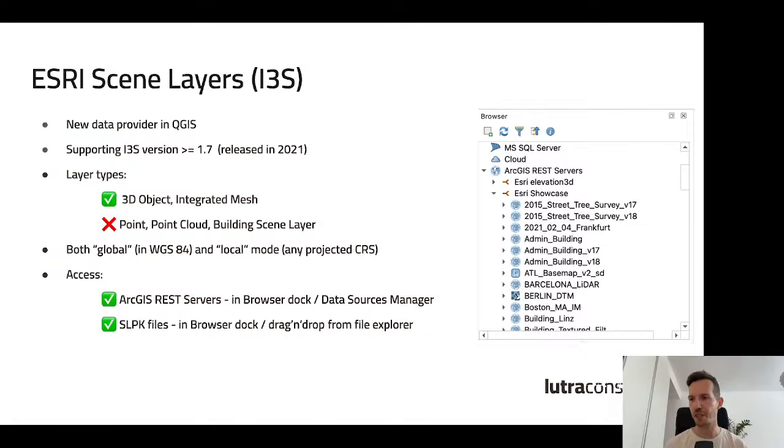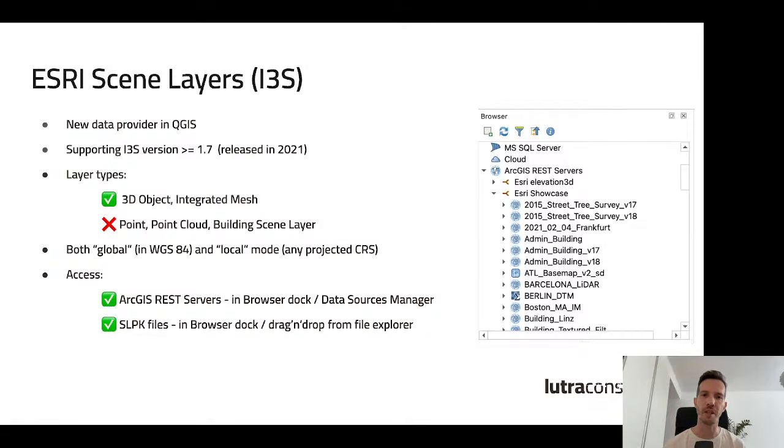This protocol is actually also an OGC standard, which is a bit of a weird situation because there are pretty much two competing standards from OGC for the same thing. So there are multiple versions. We are supporting everything that is I3S 1.7 or higher.